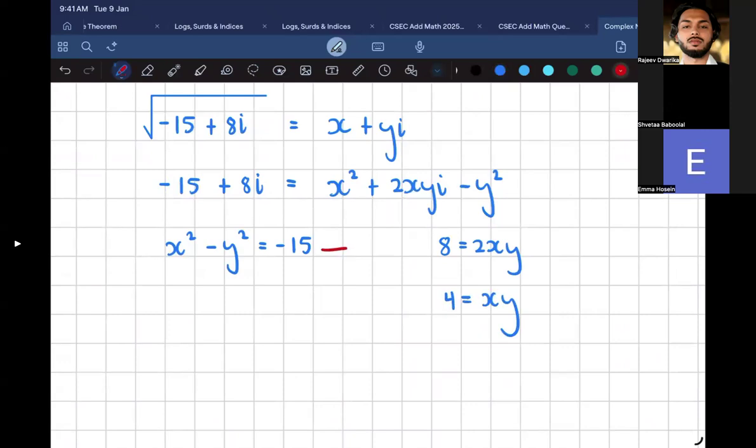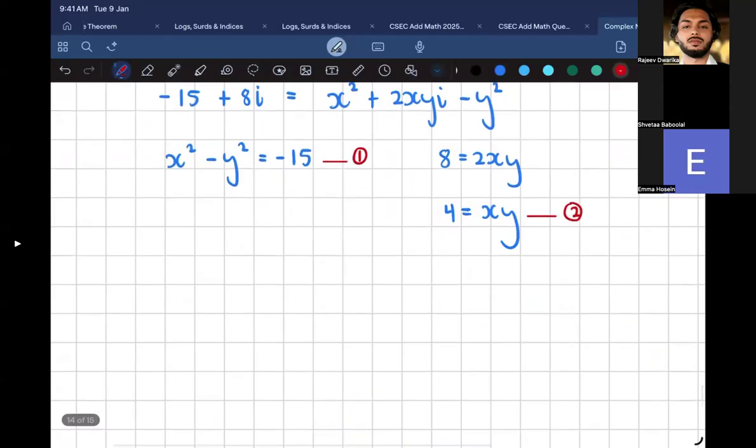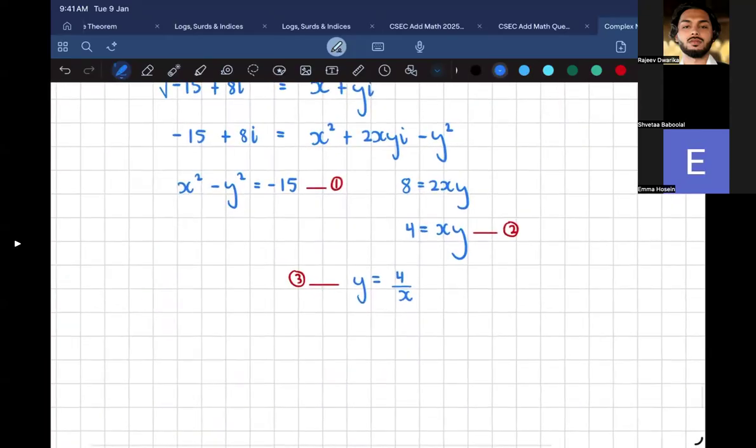So we have equation 1 here and equation 2 over here. We're going to use equation 2 to make equation 3: y is equal to 4 over x. Are you okay with everything I'm doing so far? Yeah. All right, you're going to plug that into equation 1.